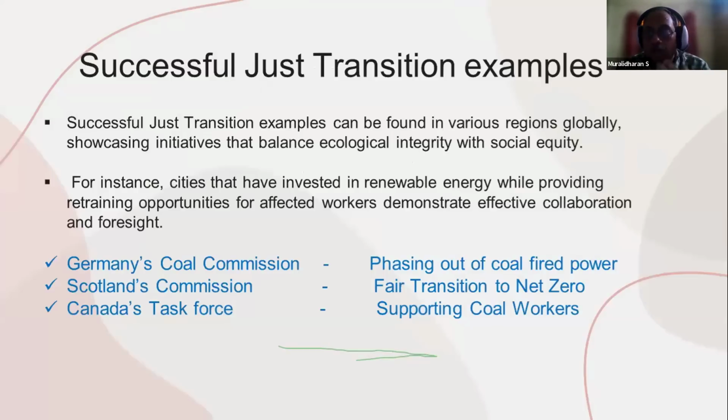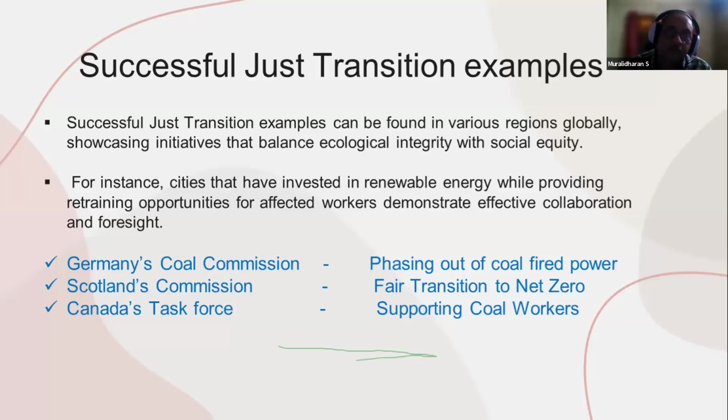The how of it is what matters, and that is the real challenge for us, be it a nation, be it an organization, or be it a state which is looking at just transformation, to see to it that the people there are in a position to be safe, and also to see to it that they are in a position to continue their lives in spite of a crisis which has come up.